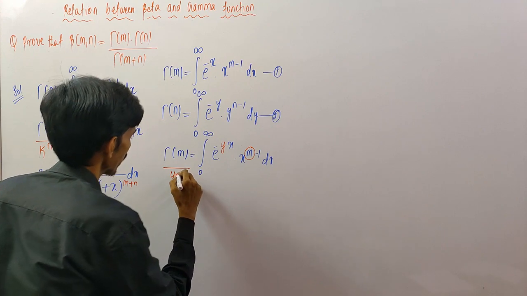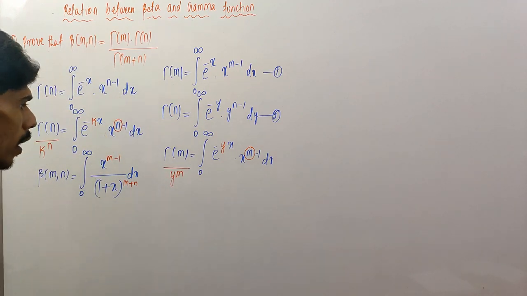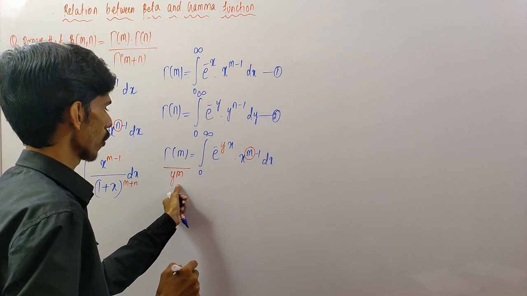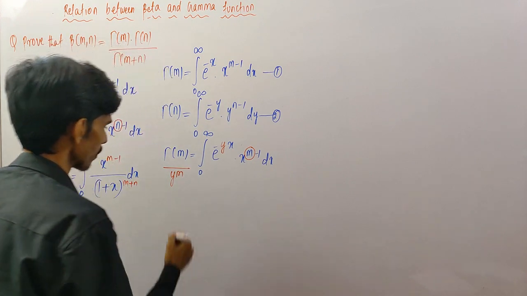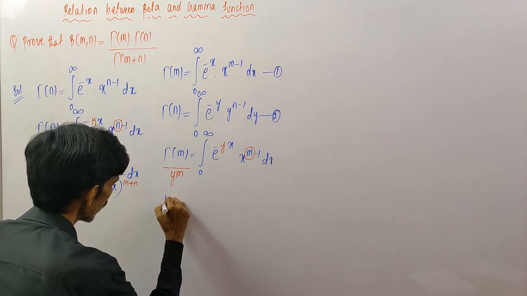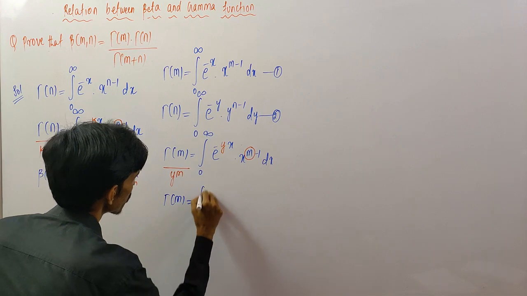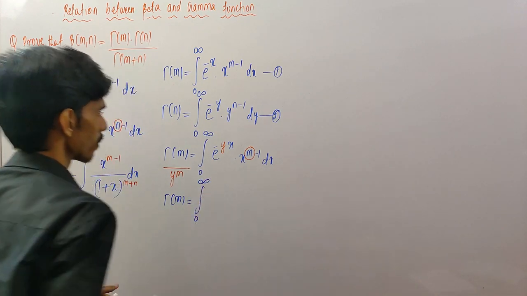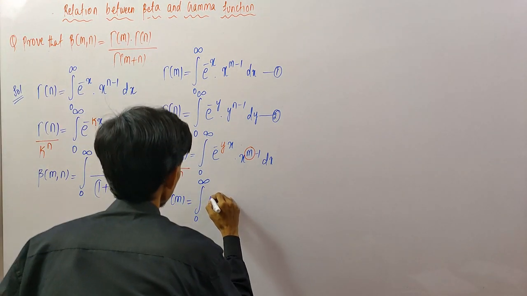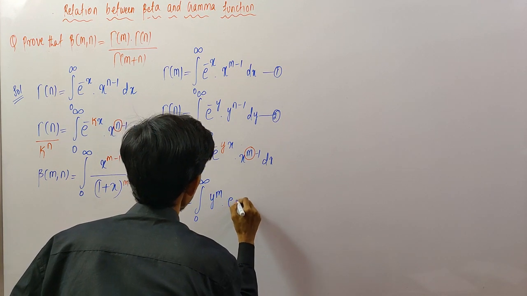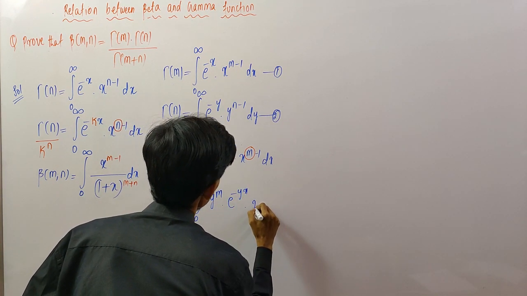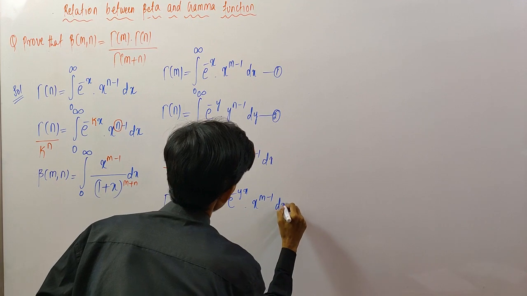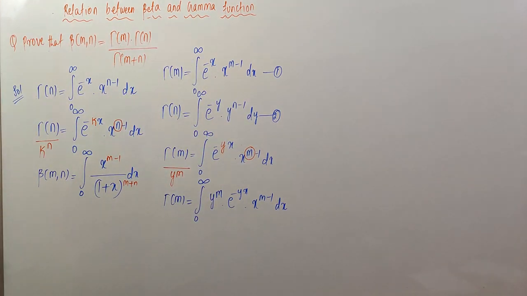Here we have m, that's why I take y power of m. Now cross multiply this y power of m to this side. Here I have gamma of m is equal to integration 0 to infinity y power of m into e power of minus yx into x power of m minus 1 dx.